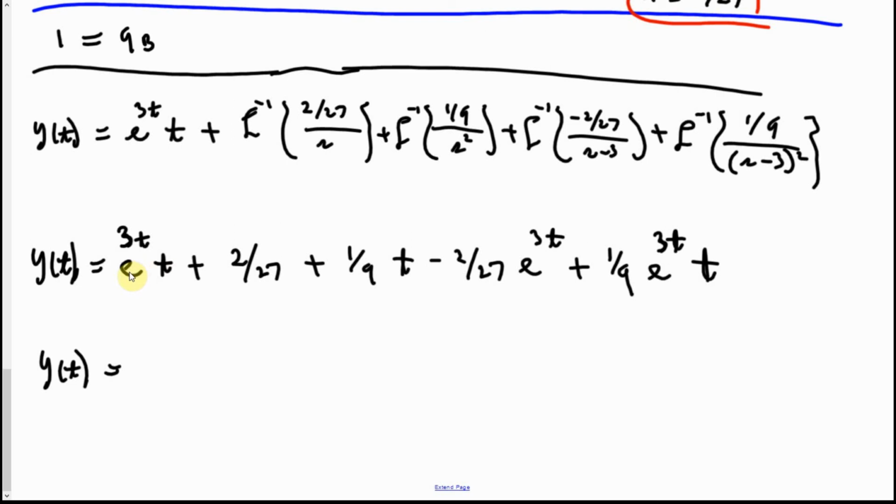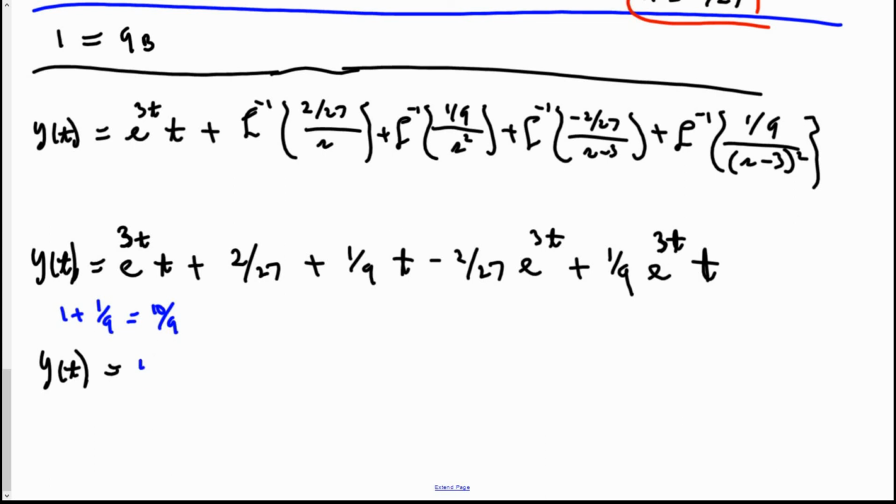So this e to the 3t times t times 1/9 e to the 3t times t is 1 plus 1 over 9, which is 10 over 9.